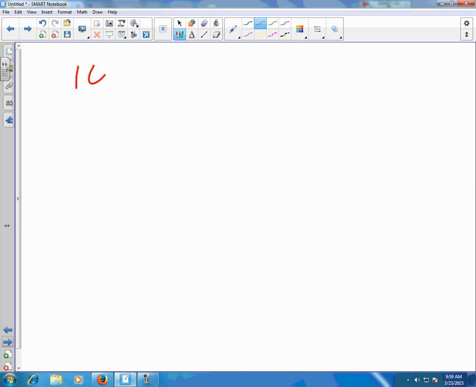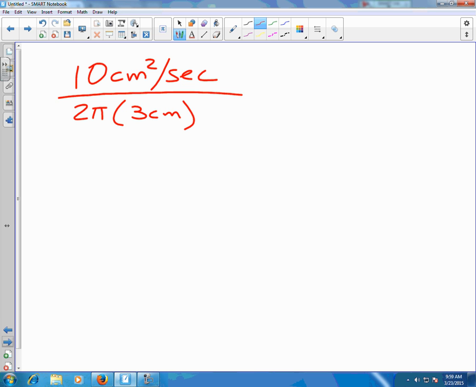So what we had was 10 centimeters squared per second in the numerator, divided by 2 pi times 3 centimeters. When we divide the two, we've got centimeters squared in the numerator, centimeters in the denominator. They act just like a variable, so they just cancel each other out. And you're left with just whatever the number is, 0.53 centimeters per second.